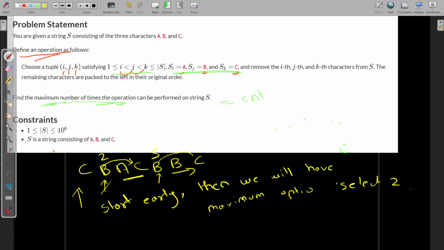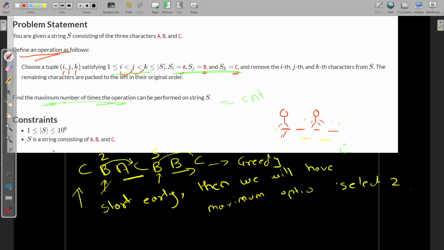If you do that, then you will have the maximum options available and you can select the maximum number of pairings. So that is one greedy strategy which we will be using here. This is similar to the greedy strategy we used in the first problem. We were always starting at the first position. If there are n slots, then let's start placing them from the first slot itself.